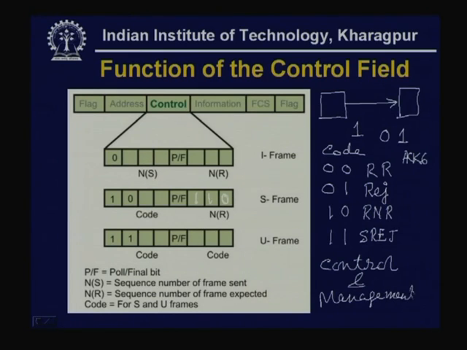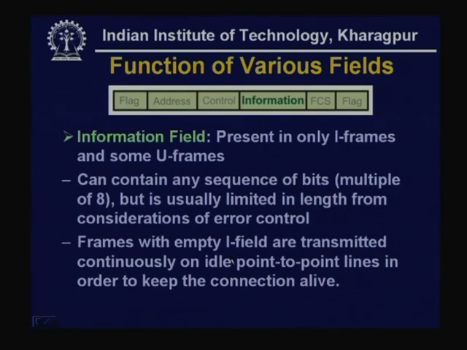We shall not go into the details of this 3-bit code. Now, coming to the information field, it is present only in I frames and also in some U frames, as I mentioned, and whenever it is present in I frame, it is user data that is being sent, and when it is used in U frame, it is management and control information.